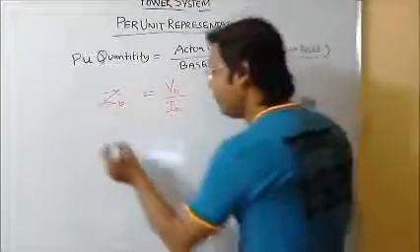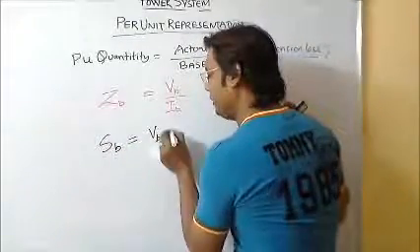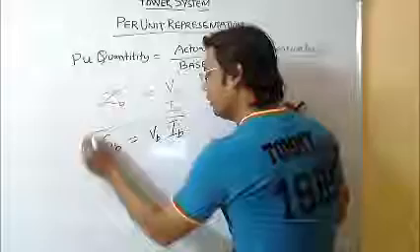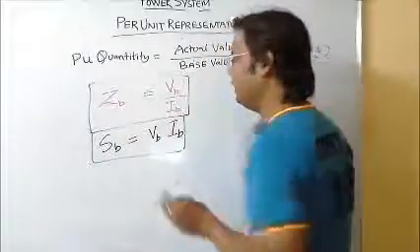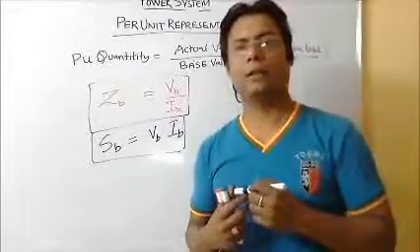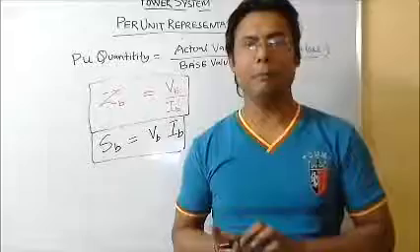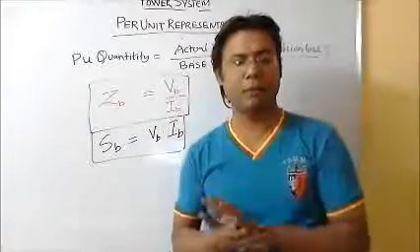We can have one more formula: SB is equal to VB into IB. All these formulas we have already studied in our elementary classes, but just to brush up, we are discussing them again.